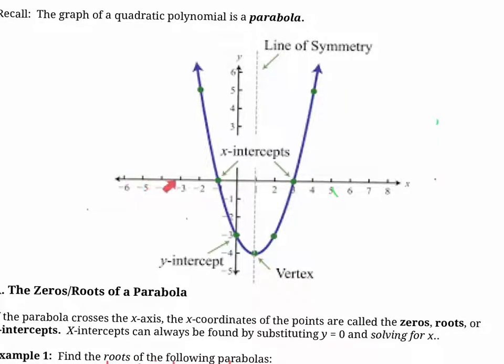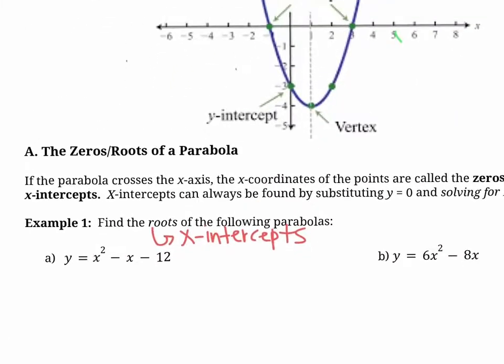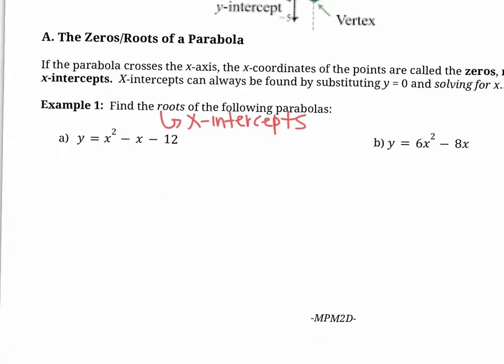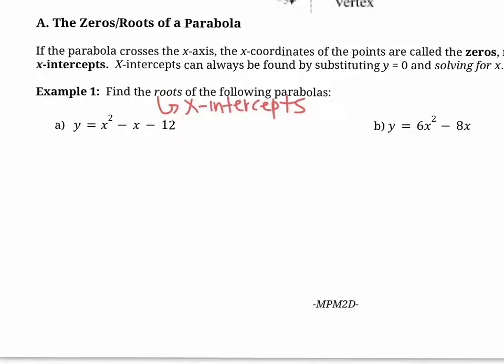In fact, any point along the x-axis will have a y value of 0. So really important, when we find the x-intercepts of a parabola, we need to write a note immediately that y is equal to 0. That's so important that we write it every time we find x-intercepts of any relation.